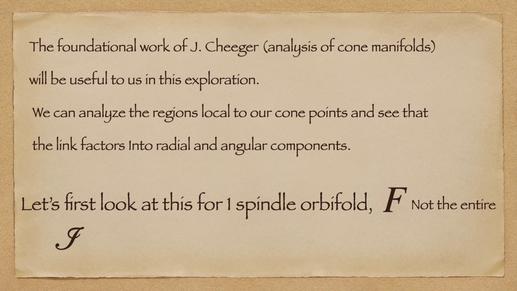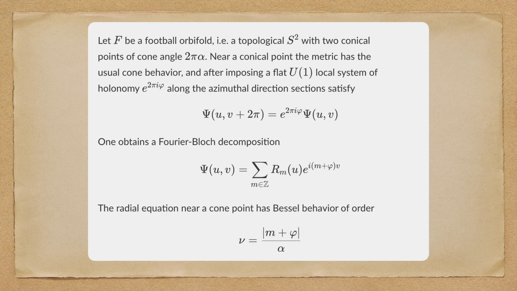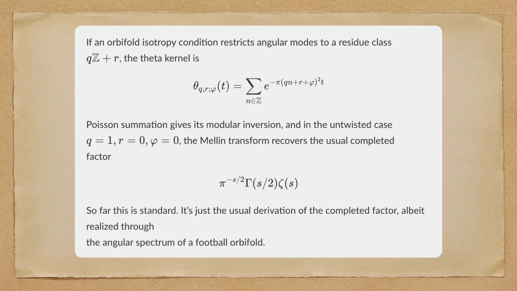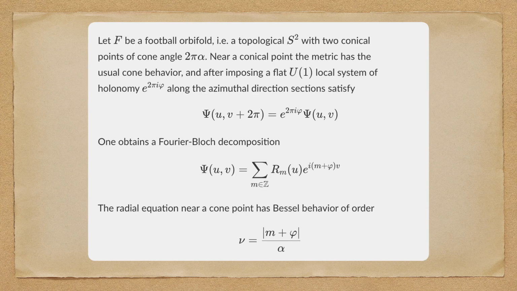So first we'll look at one spindle orbifold F, not the entire \mathcal{I} at once. This is a brief sketch of a derivation. Let F be a football orbifold like we had, with two conical points, each having the same cone angle.